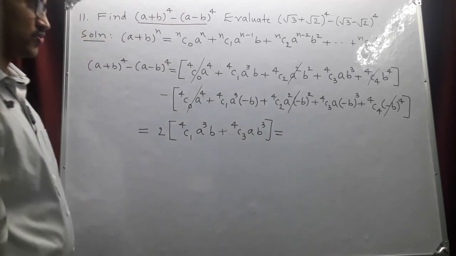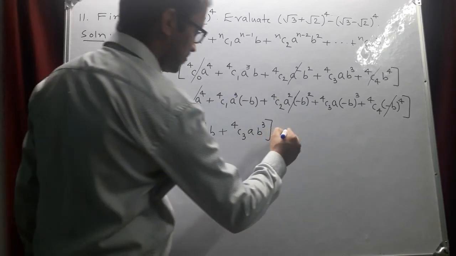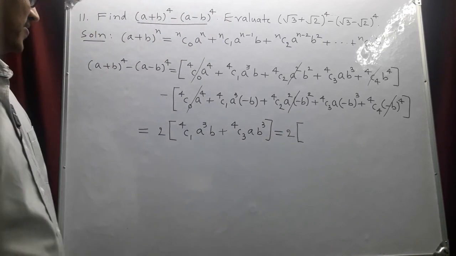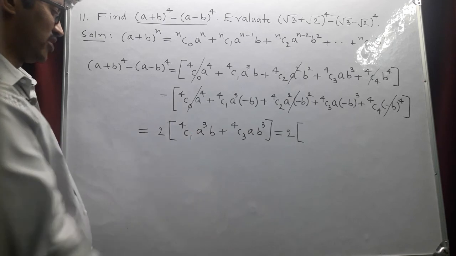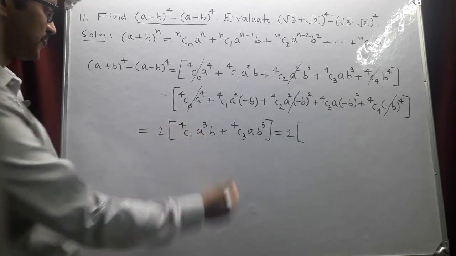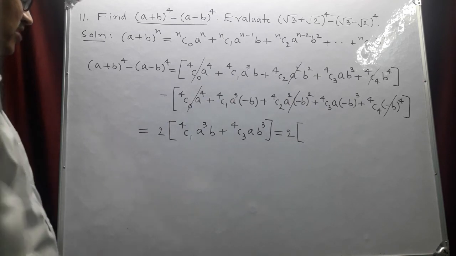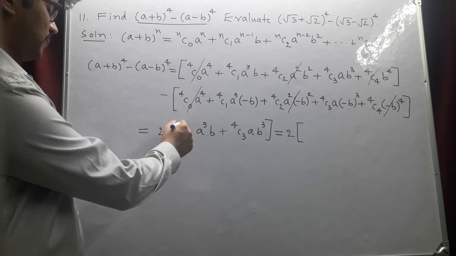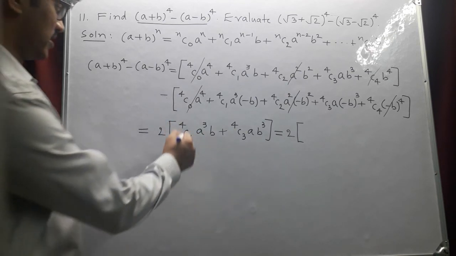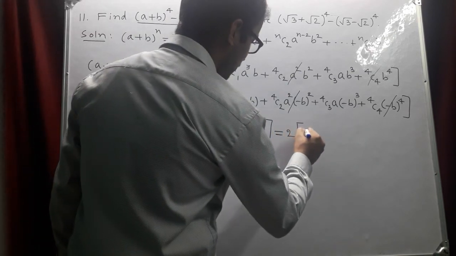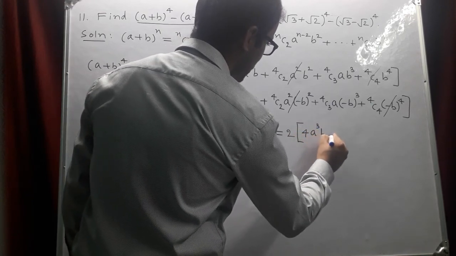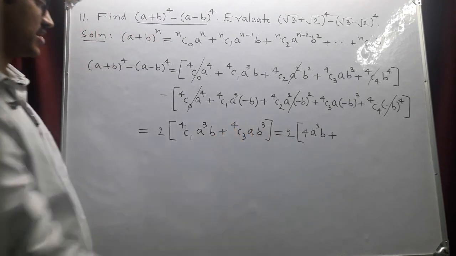So that is equals to 2 times: 4c1 value is 4 factorial by 1 factorial into (4 minus 1) factorial, so 4 factorial by 3 factorial, that is 4, a cube b, plus 4c3.